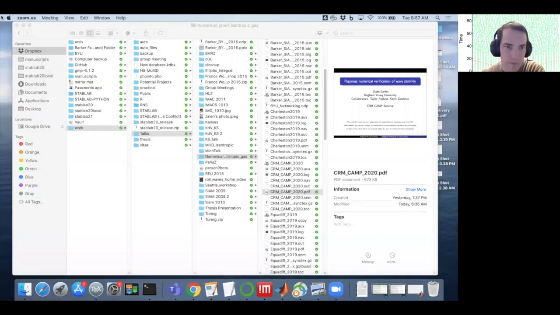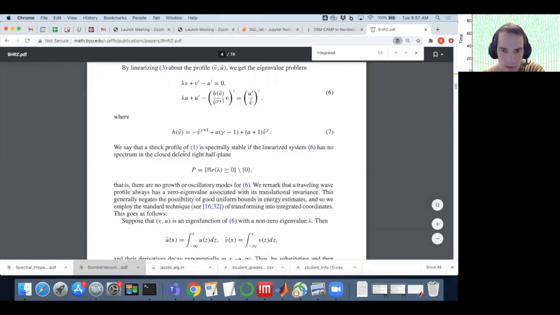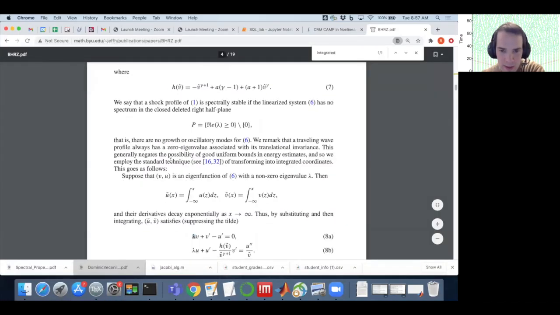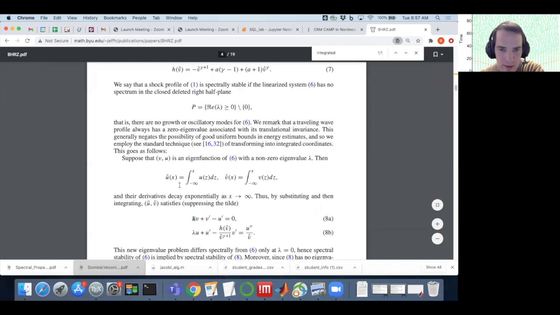Let me share my screen again. So this is for isentropic gas, but it's the same thing. If U and V are your variables for the eigenvalue problem, then you integrate them from -infinity to x.